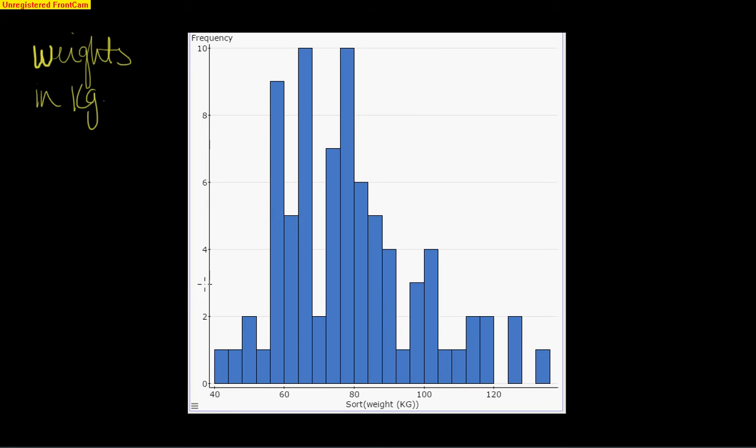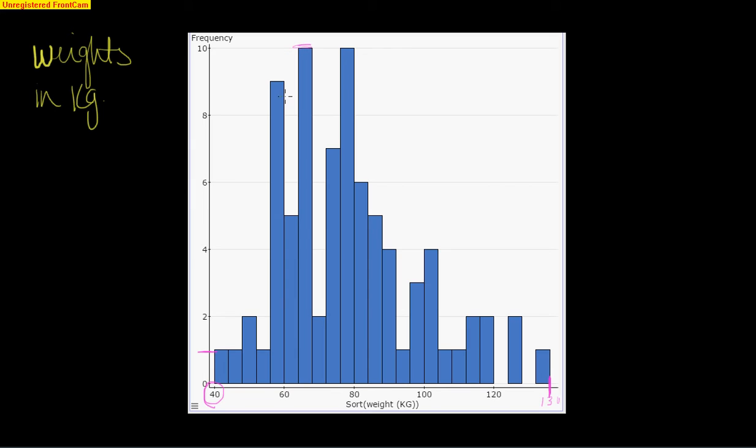You can see down here that the smallest person weighed somewhere around 40 kilograms, and there was only one of them. And then we had a spike. There were 10 people up here around 65 to 70. And then our heaviest people were out here at 100, over 120, 130 or 140, something like that, kilograms.